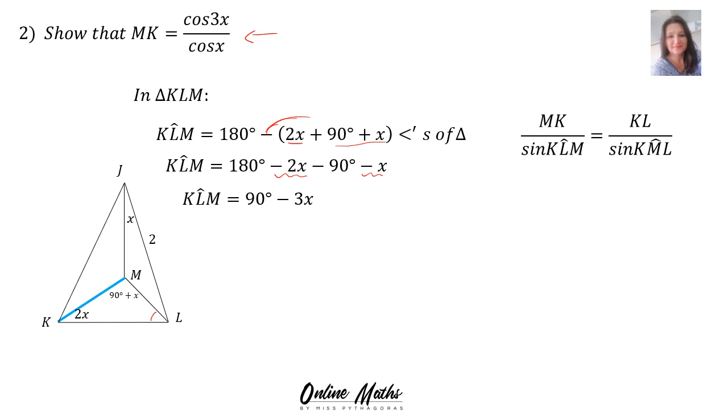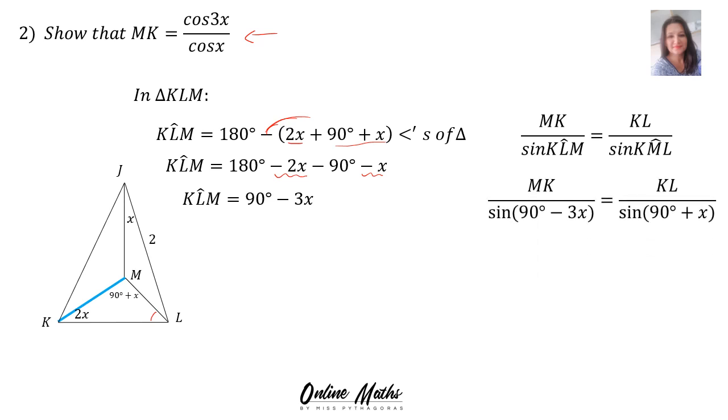and we can write down the sine rule. So we can say that MK, and we make MK the subject of the formula, over the sin of angle KLM is equal to KL over the sin of angle KML.